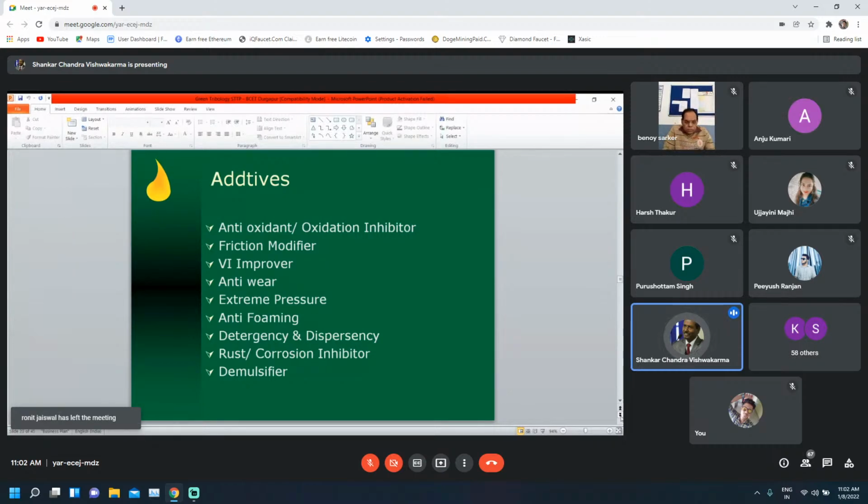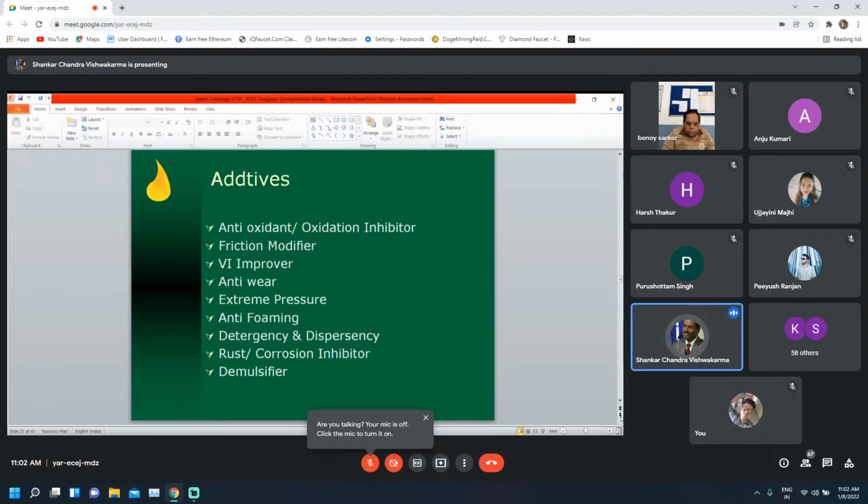So ultimately, the life of the lubricant gets reduced when oxidation is taking place in the system. So the oil should have the capability to avoid this oxidation, and for that we are putting some oxidation inhibitors as an additive.